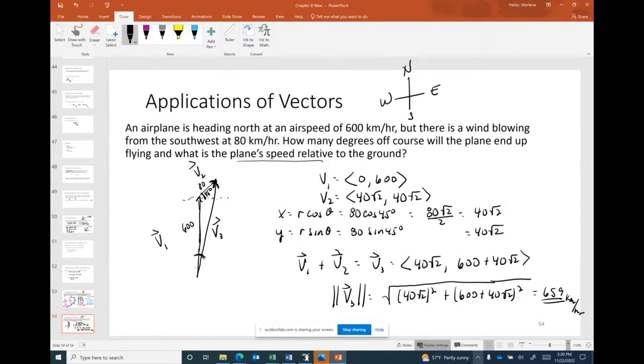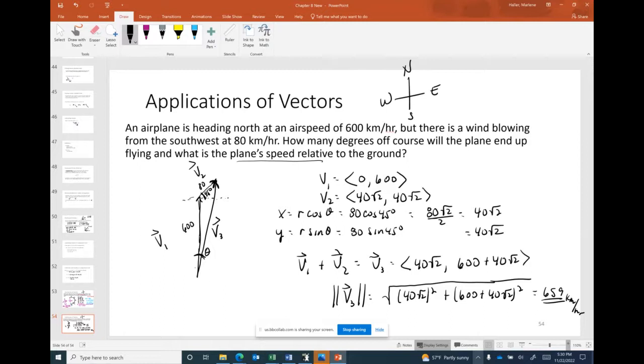How many degrees off course? All right, we need to find the measure of this angle here, theta. If I draw that properly, I think I did.